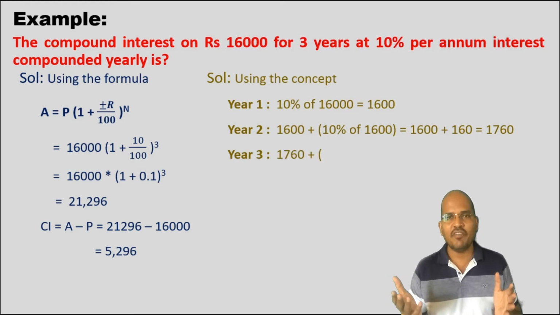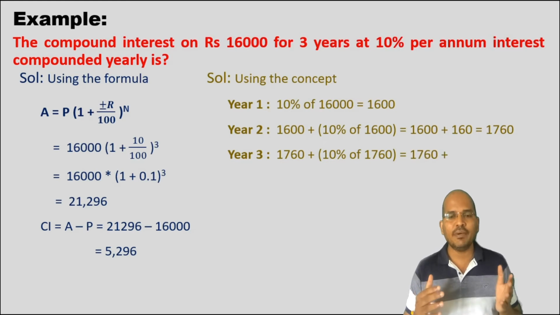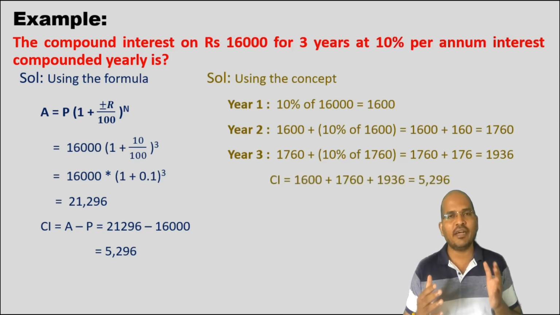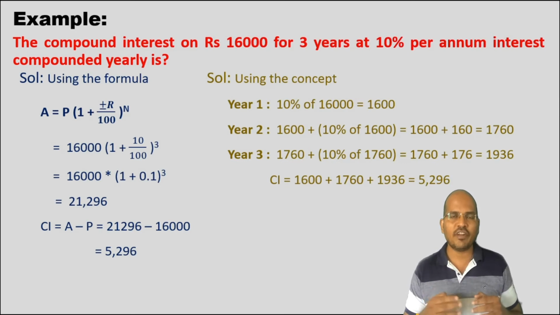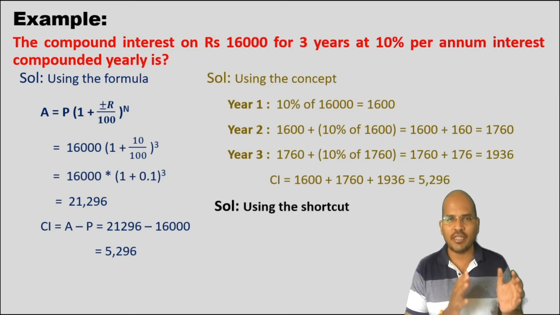Now for the third year, we take the interest 1760 plus 10% of 1760, that would be 1760 plus 176, and the value will come to 1936. Now when you add these three terms, 1600 plus 1760 plus 1936, the final sum is 5296. This is how we calculate interest on interest for every corresponding year, and add them to get the answer.